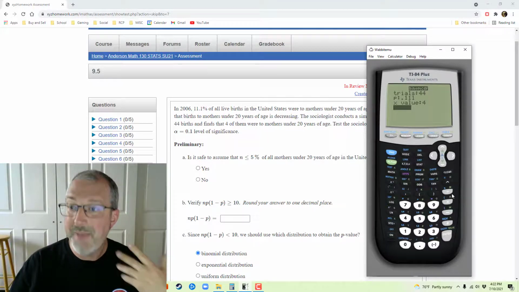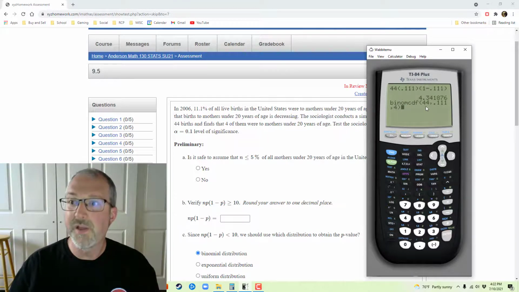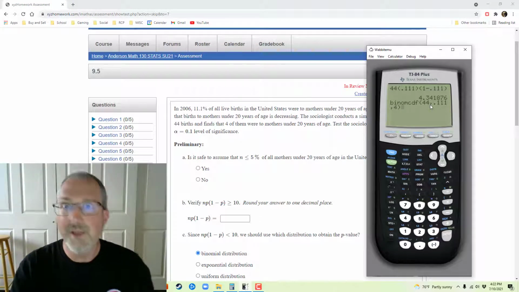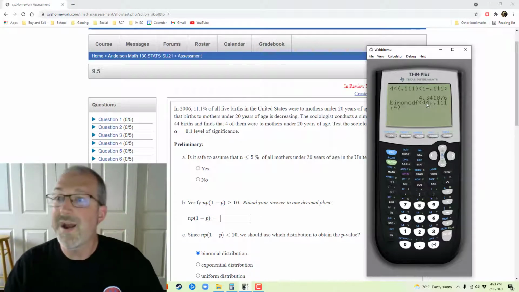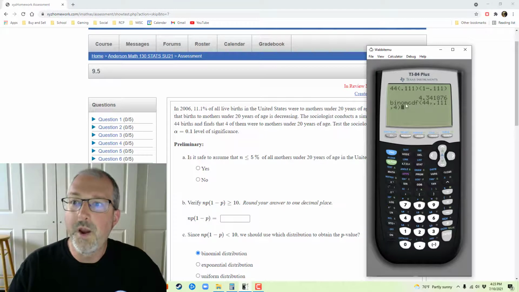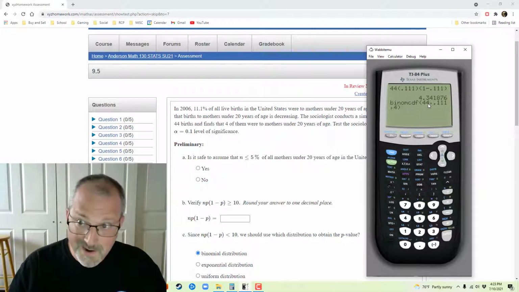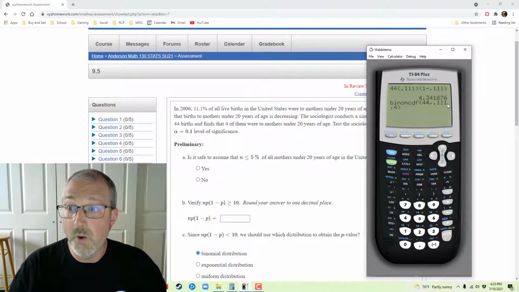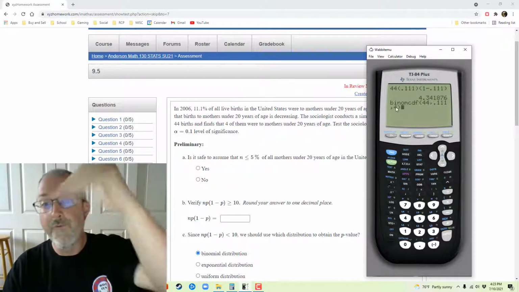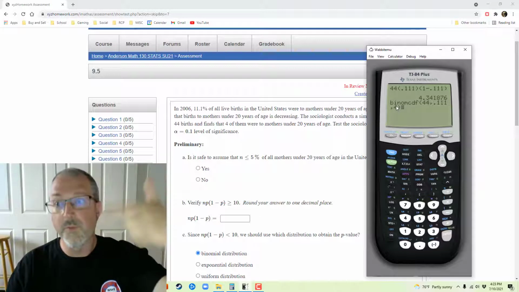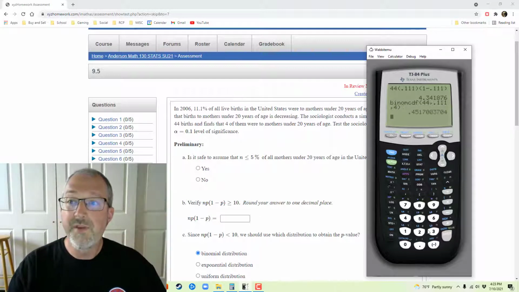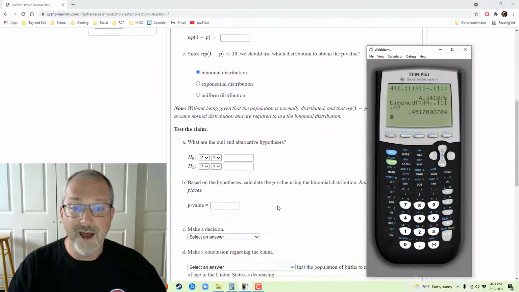And then I'm going to paste this into the calculator. If you don't have a newer calculator or you're using the phone app, you might have to program this in, where the binomial CDF works with 44, which is our n, our p, which is our 0.111, and this means 4 or fewer, so 4, 3, 2, 1, or 0. And this is our p-value, which is 45%.